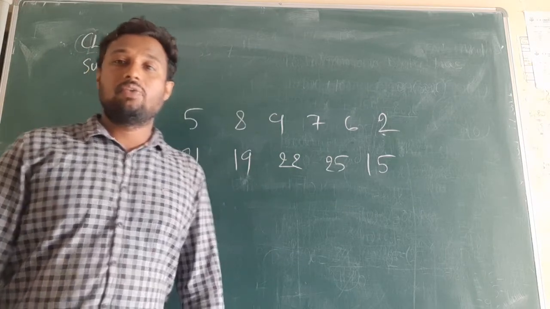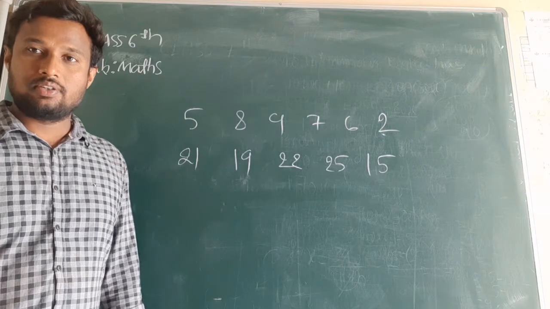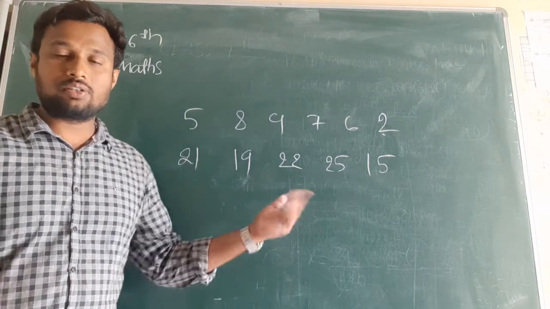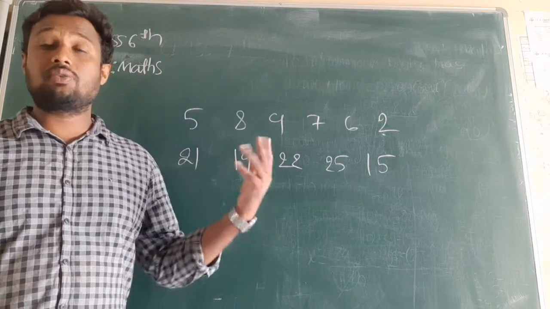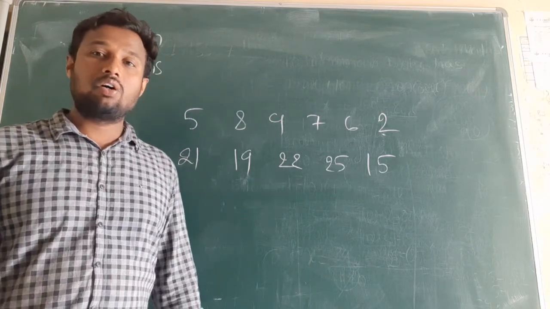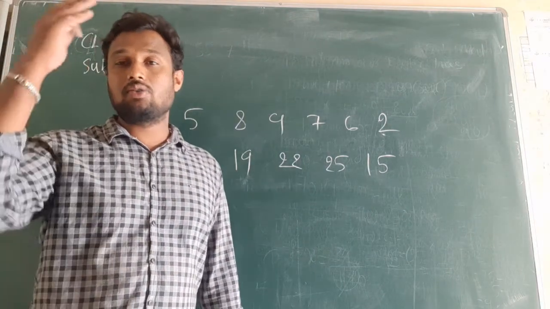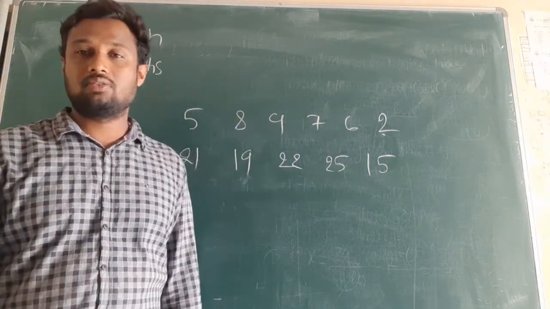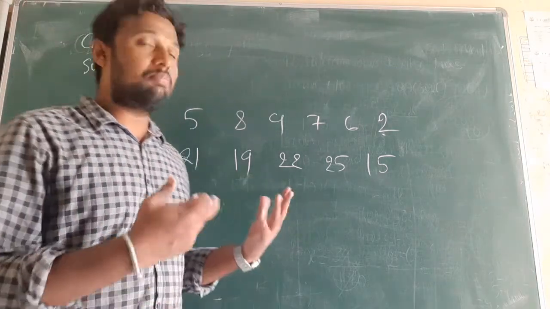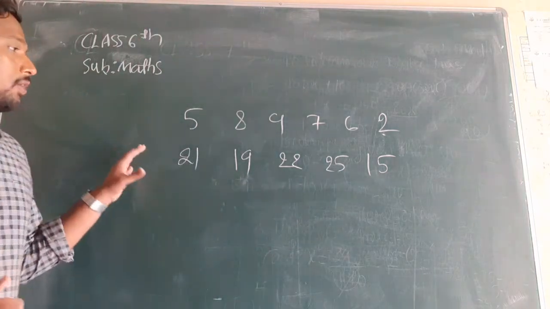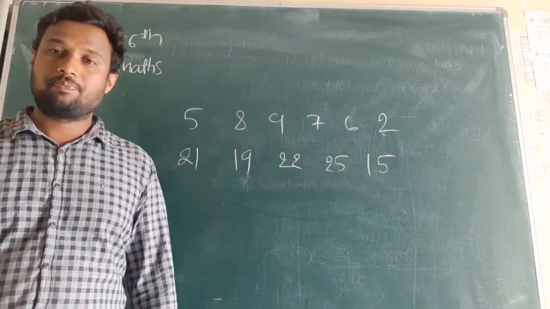But when we have a huge amount of information, suppose there are 50 students in a classroom and I want the highest and lowest scores, we have to check all the 50 students' marks. So to compare and understand numbers easily, we have to arrange these numbers in some particular manner.